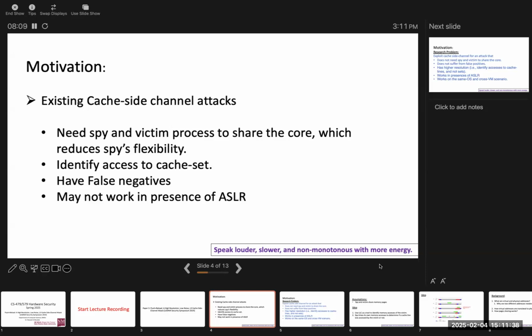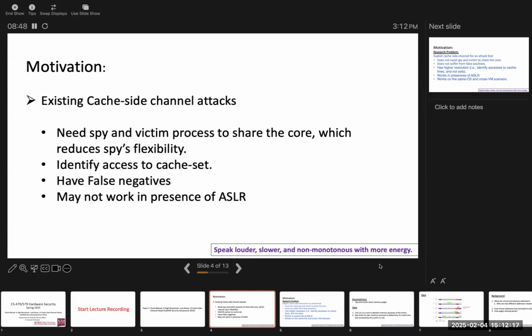But the problem with this approach is that if your spy and victim are not running on the same core, but on different cores of the same processor chip, then the previous attacks will not work. So that was the problem. And definitely this kind of attack will also not work in the case where you have multiple virtual machines running on the same host, because the existing attack was exploiting the L1 cache.